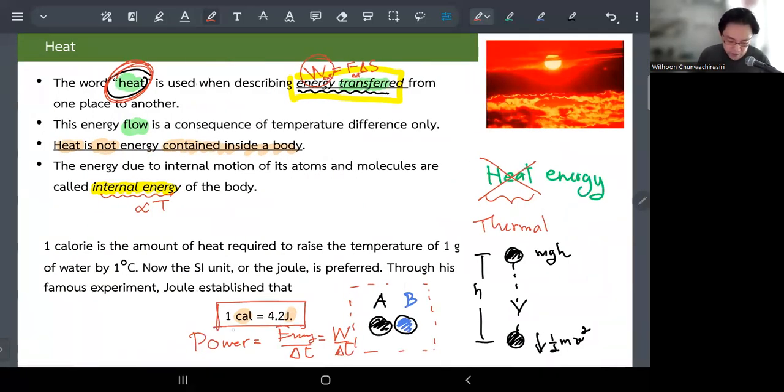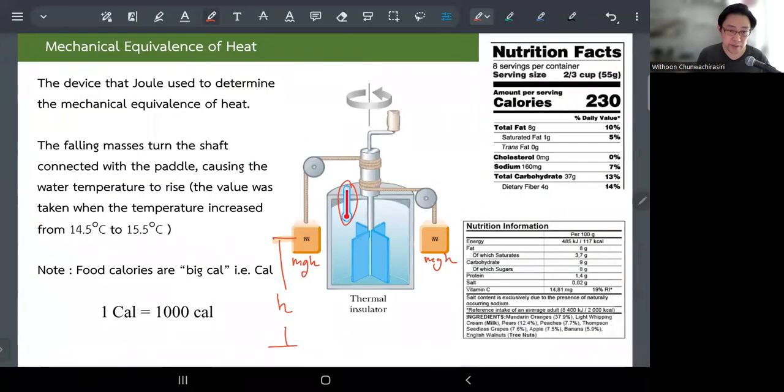Okay, so the calorie units were the units that they used to study heat, using mainly water, back in the day. But once you have these experiments, calorie or joules, they are pretty much the same thing. One fact, just so you know: the calorie that we are talking about is not the same as the Calorie that you see on food packaging.